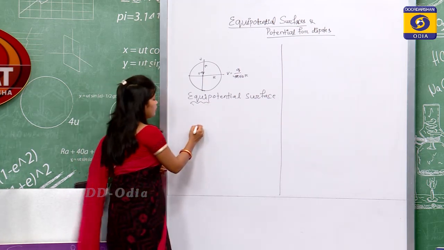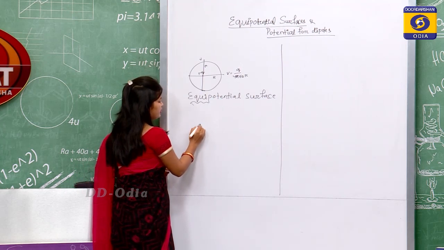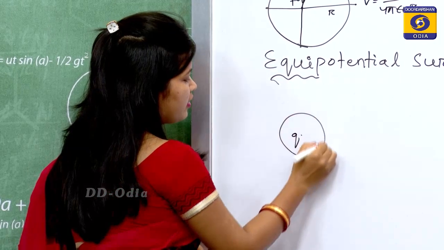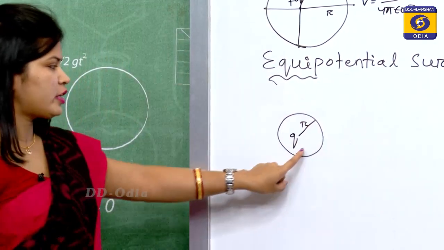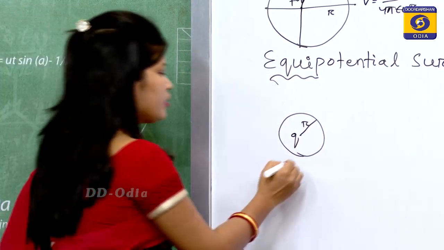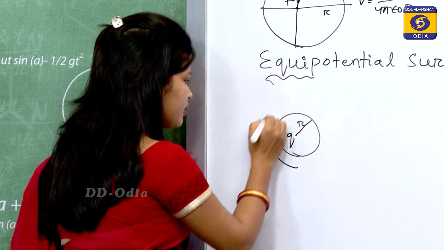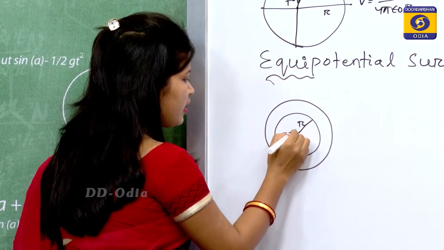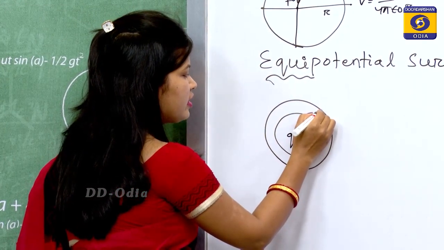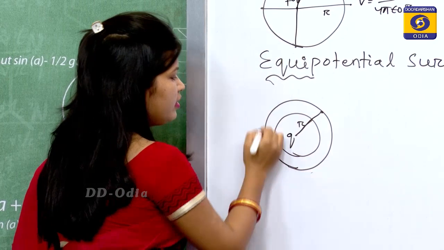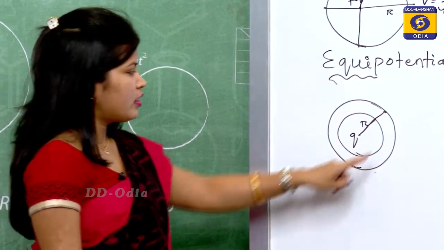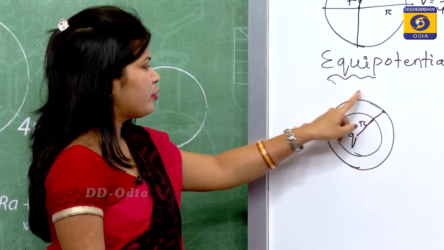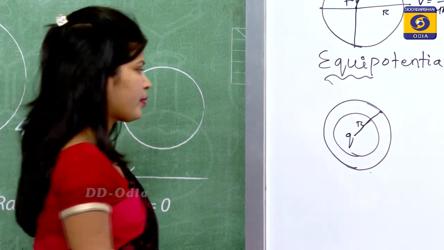Okay. So, for the point charge q at a distance r, the equipotential surface is like this. When r increases, suppose at this distance r increases, then this is the equipotential surface at which every point potential is same.